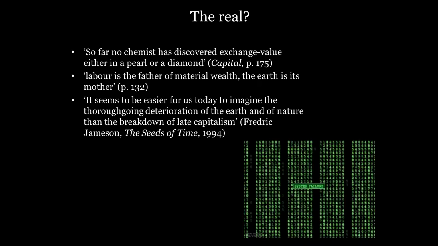And this reminds me of a very favourite quotation of mine from Frederic Jameson that illustrates the way in which capitalism, by the late 20th century into the 21st century, has come to appear as a first order of reality, and ecology has come to appear as a second order of reality. So it seems to be easier for us today to imagine the thoroughgoing deterioration of the earth and of nature than the breakdown of late capitalism. It's easier to imagine the end of the world than it is to imagine the end of capitalism.